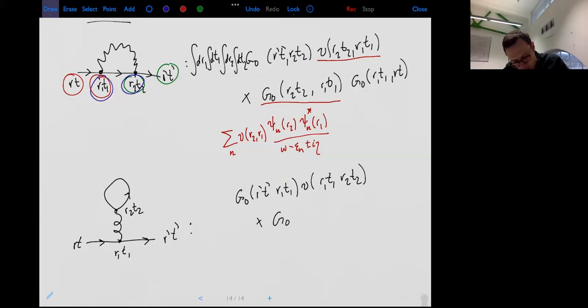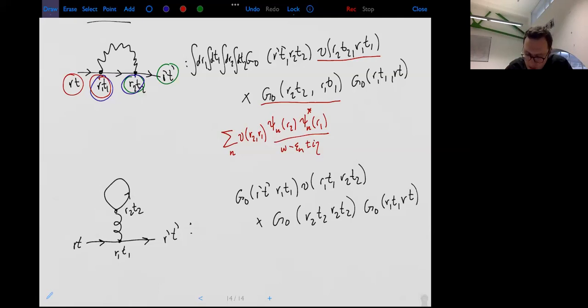another G naught. So this one is this G naught that makes up this closed loop, and that of course has an R2 T2 R2 T2 argument, right? Because it starts and ends at the same point. And then we've got one more G naught, which is R1 T1 RT, right?